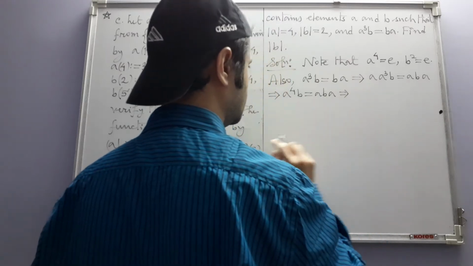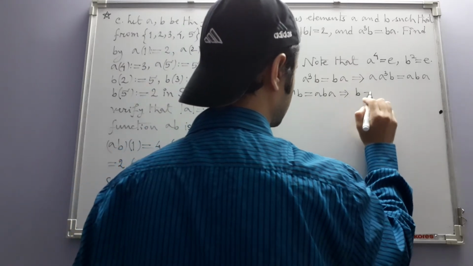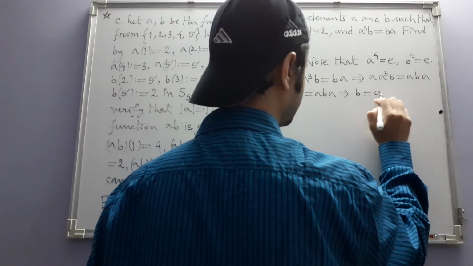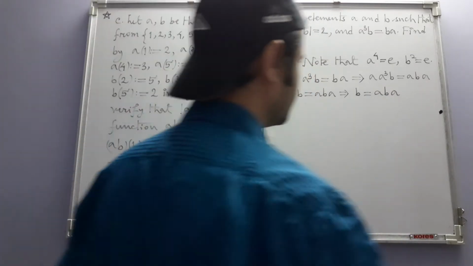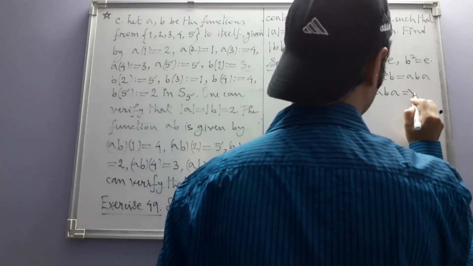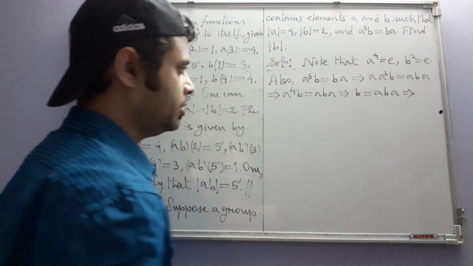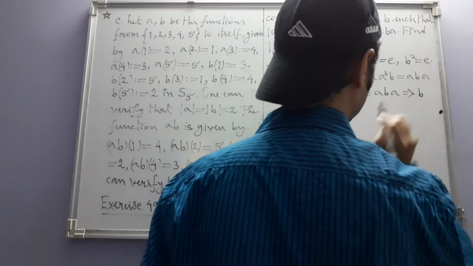Since A to the power 4 is identity, on the left side we have B and on the right side we have ABA. Okay, now post multiply both sides by B.